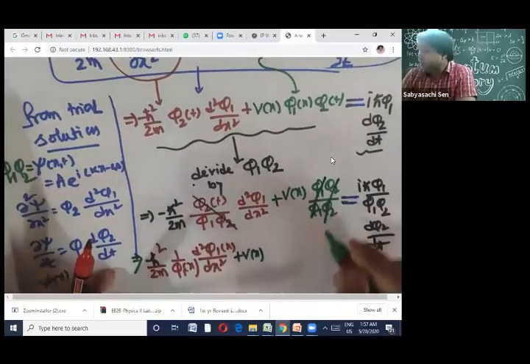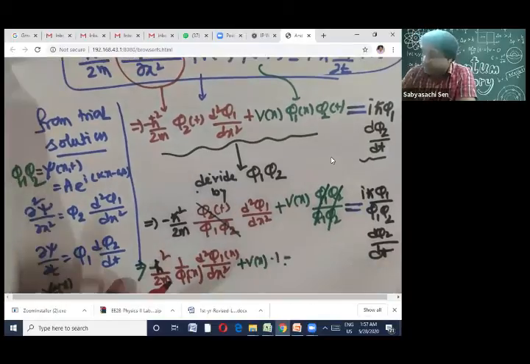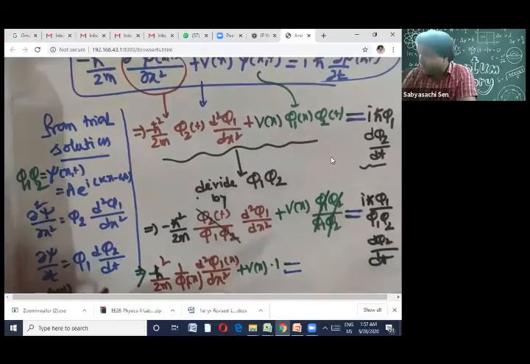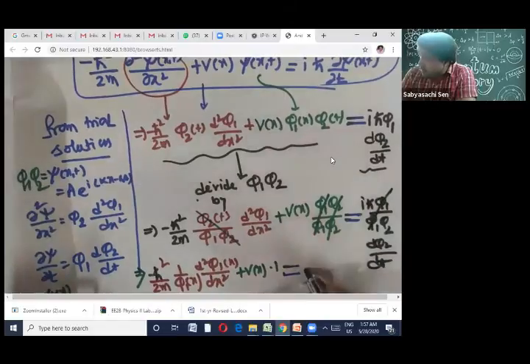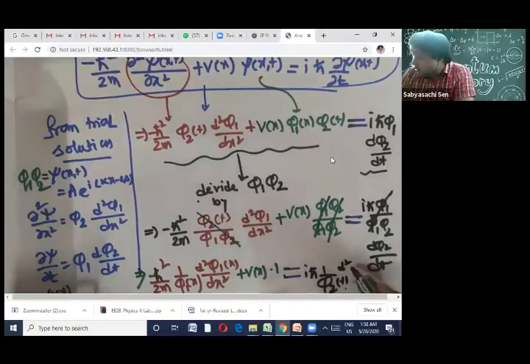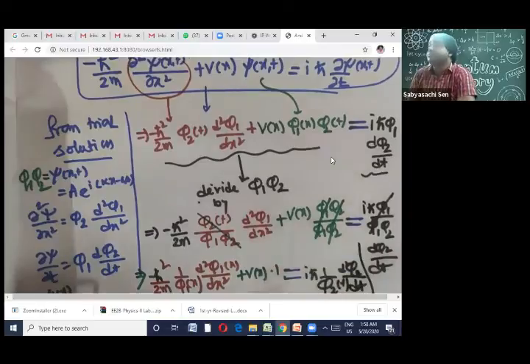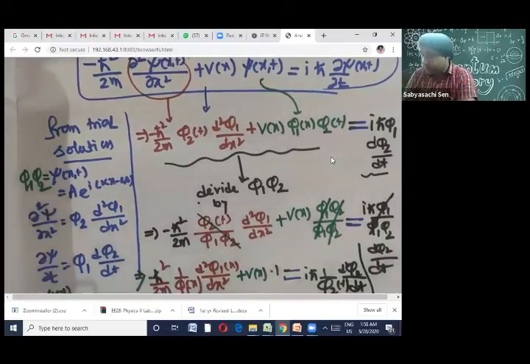So 1, equal sign, followed by phi 1 will cancel. H cut 1 by phi 2t, d phi 2 dt. Now I put it in a box, okay? I put it in a green box.